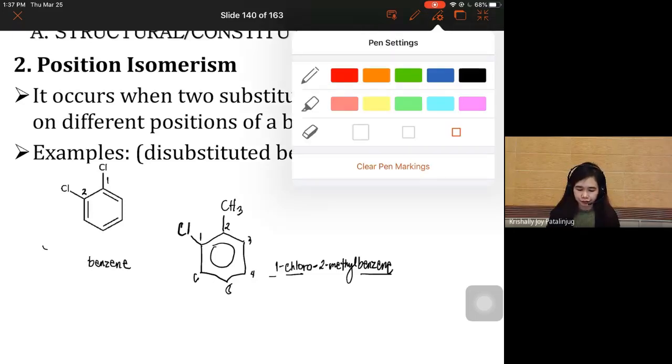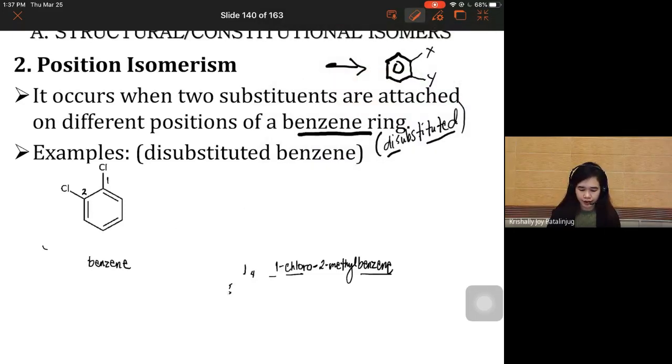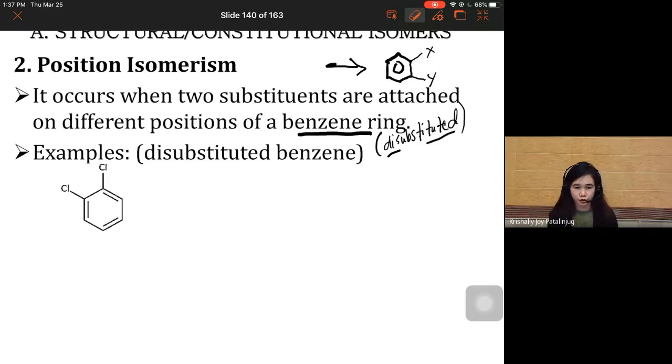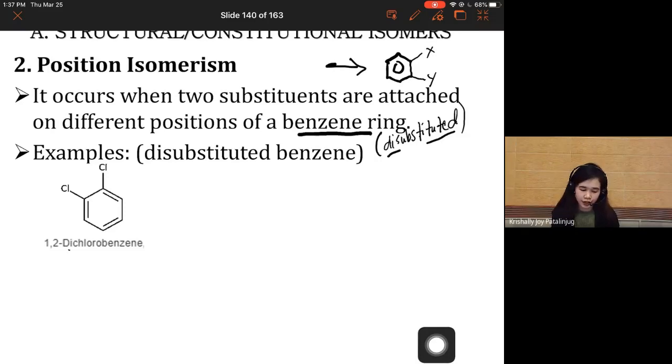Okay, let's go back to the given structure. For this structure, you can now name this benzene. So this becomes 1,2-dichlorobenzene. The d is a small letter, for dichloro.